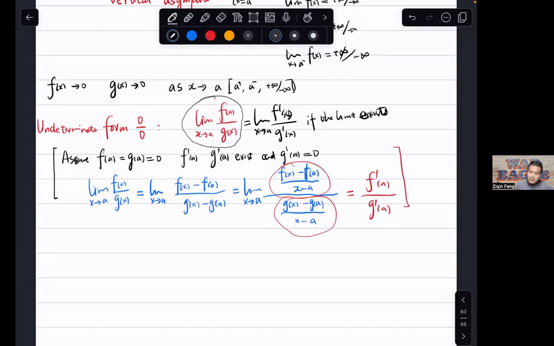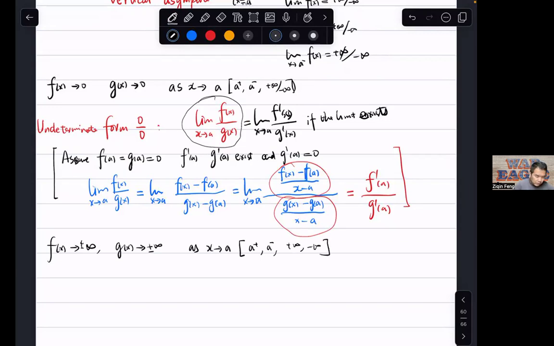And the same thing happens if you have f of x goes to infinity or negative infinity, g of x goes to infinity or negative infinity as x goes to a, or the same thing happens for a plus, a minus, positive infinity or negative infinity, right?